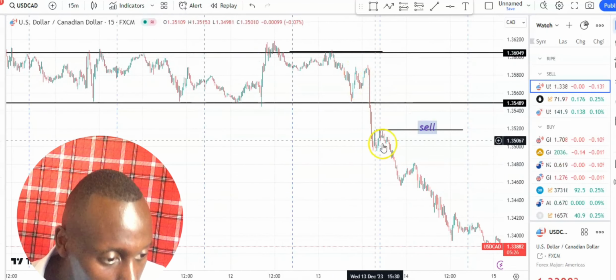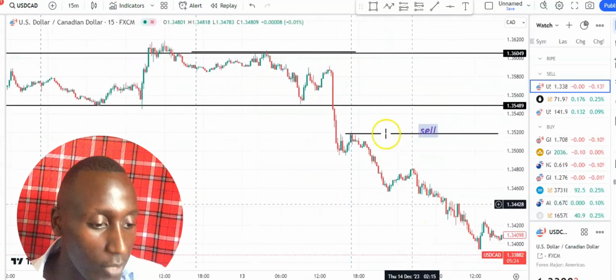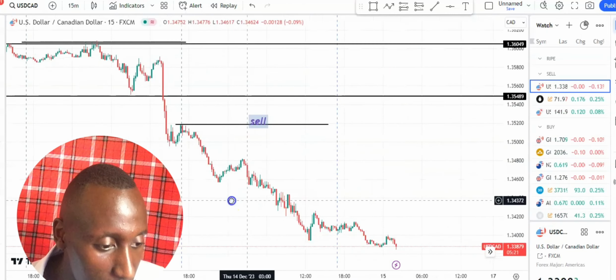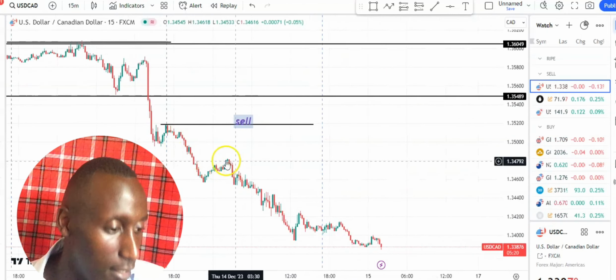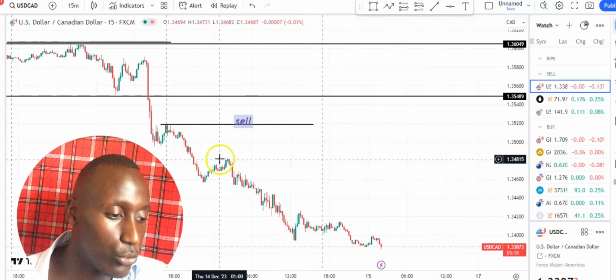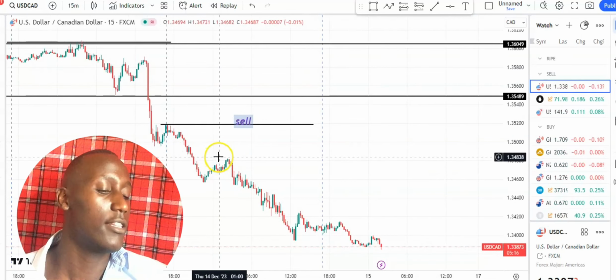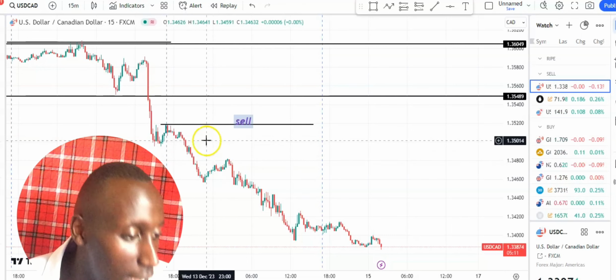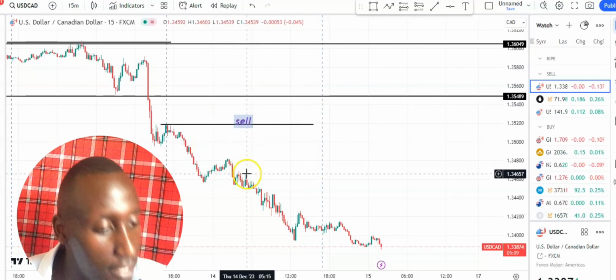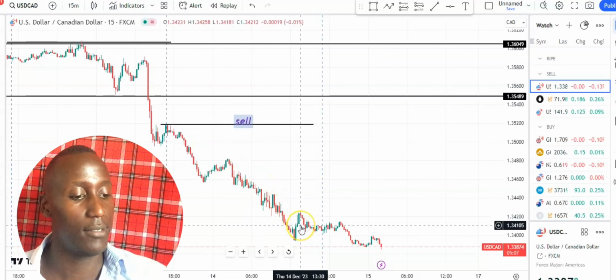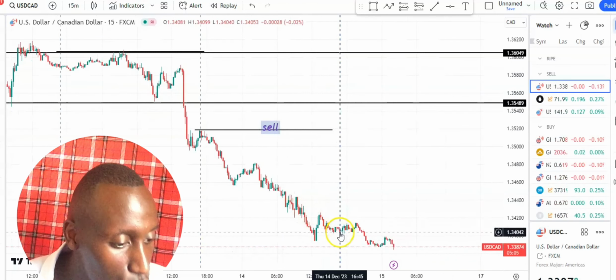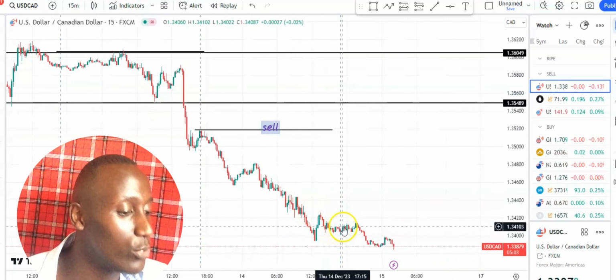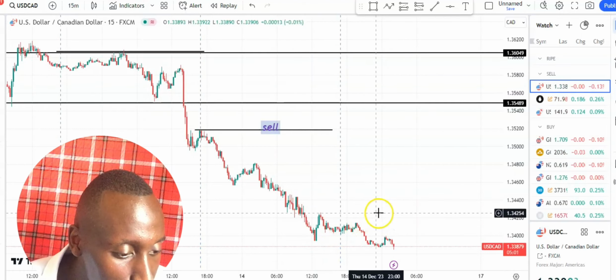It breaks out and closes outside of the range, meaning I'd be selling on Thursday. We got the sell. So however you choose to enter during this day, it doesn't matter. As long as you are looking for sells, you are on the safe side. And price broke out, closed outside of the range, meaning today I'll still be looking for sells.